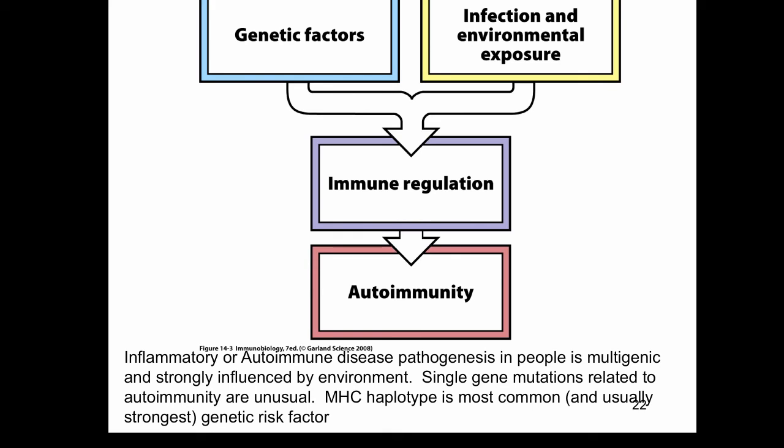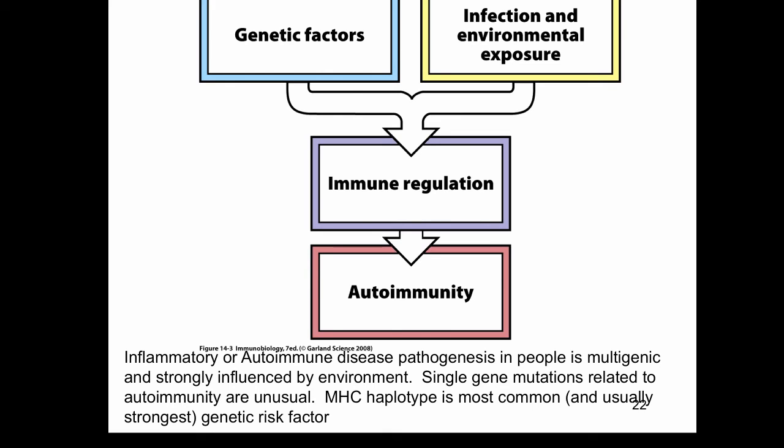We generally think that autoimmune disease pathogenesis involves an interaction of multiple genes that are also influenced by environmental interactions. It's fairly clear that single gene mutations that are directly causally related to autoimmunity are very unusual, although it is also clear that there are certain genes that do increase the relative risk for developing autoimmune disease.